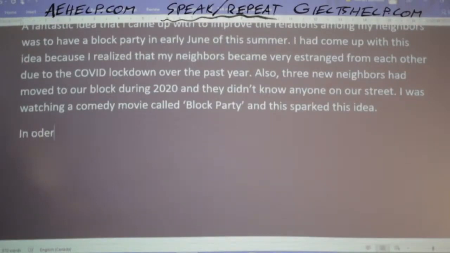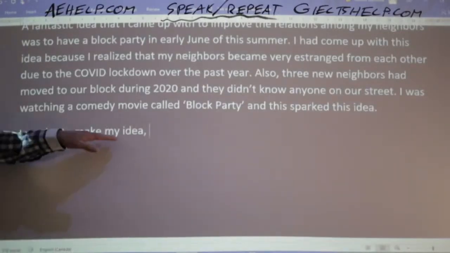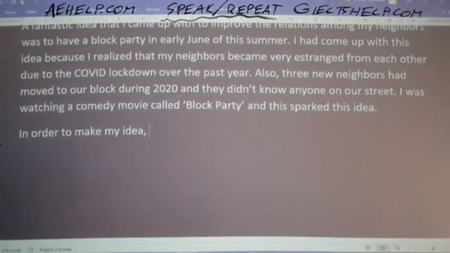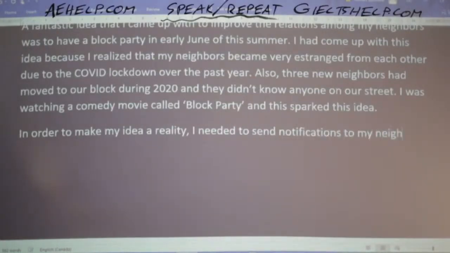So in order to make my idea, notice how I keep coming back to this idea. So I keep mentioning the topic, that it's an idea, or the category. And in order to make my idea a reality, I needed to send notifications to my neighbors.